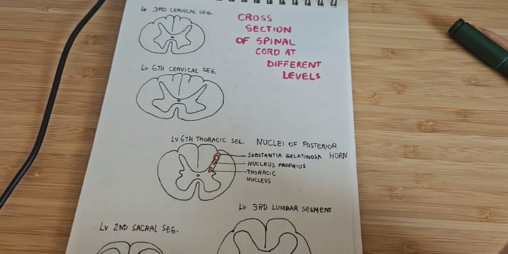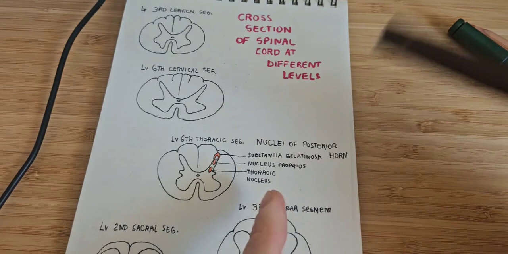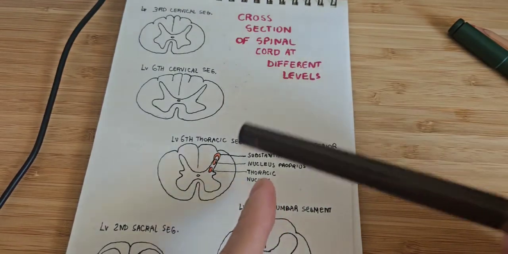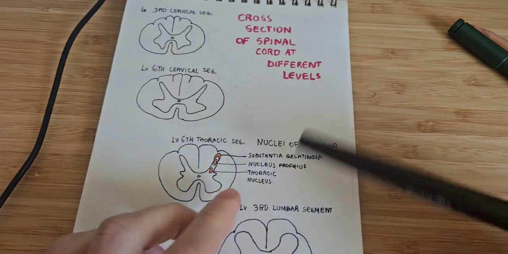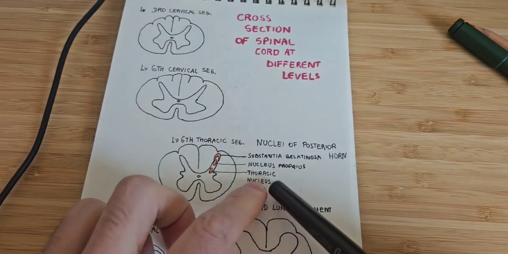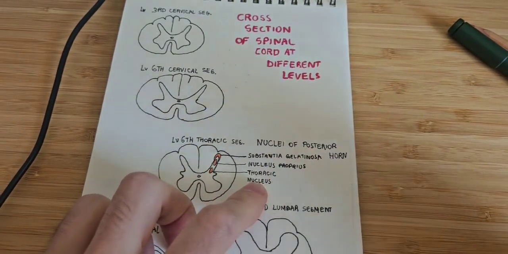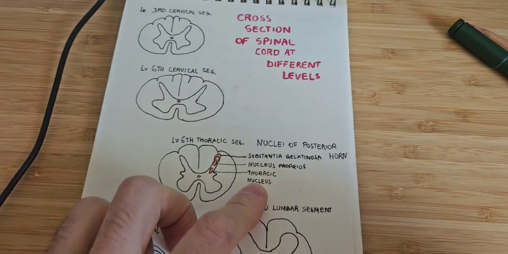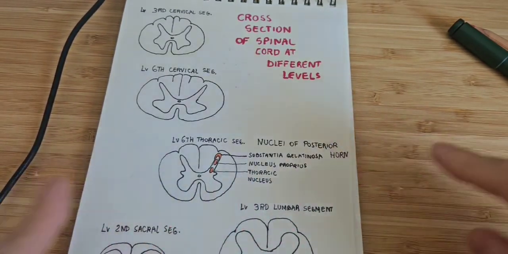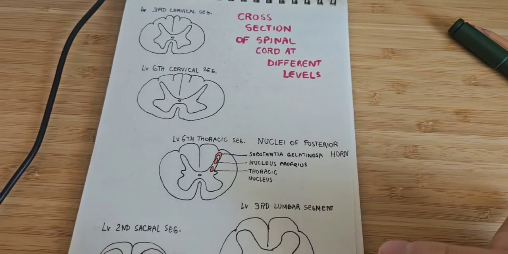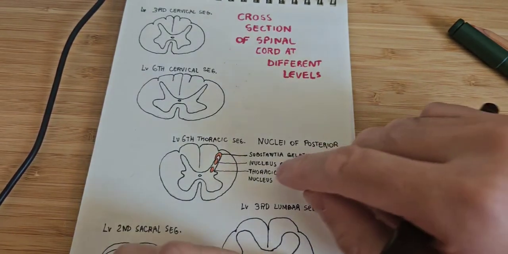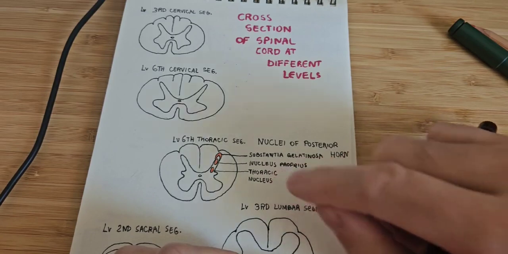For example, the thoracic nucleus, this one. Once you understand that damage to the thoracic nucleus can impair proprioception and fine motor coordination, you are going to see the same signs in your patient. And these conditions will affect this region.